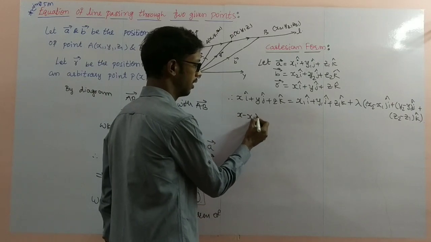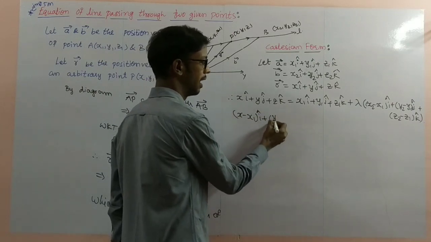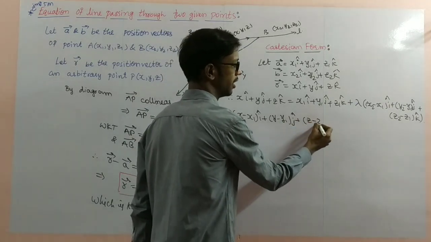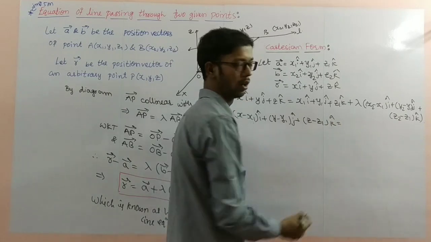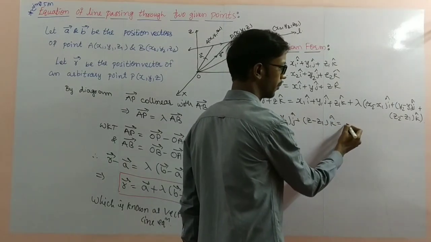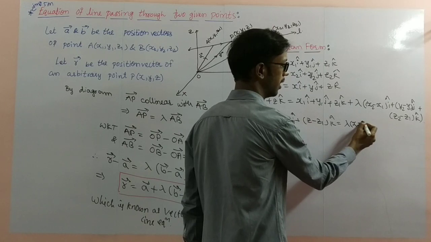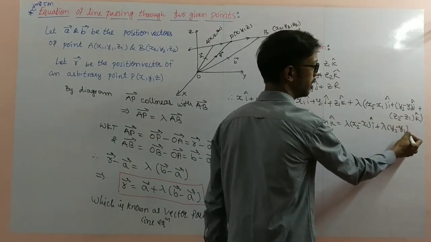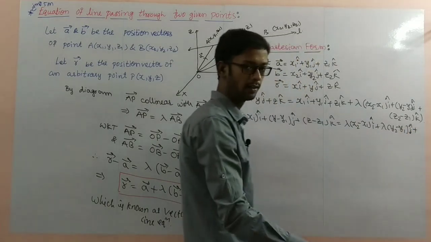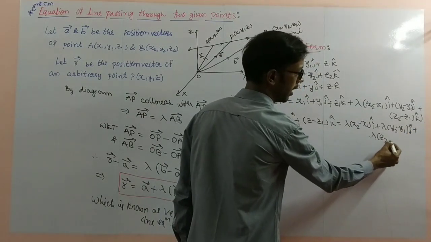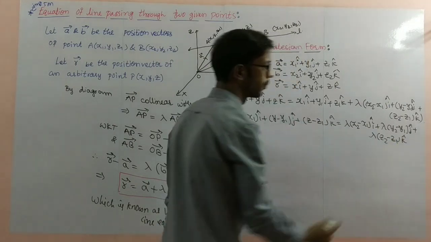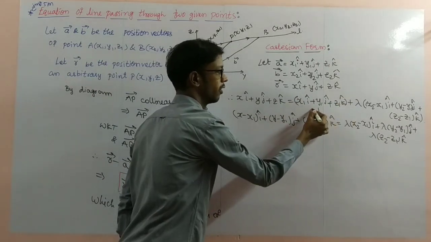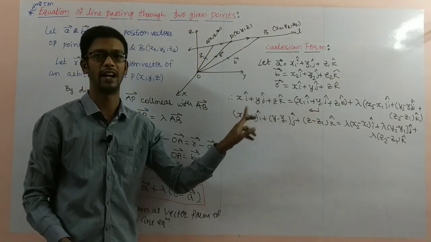X minus X1 i cap, Y minus Y1 j cap, Z minus Z1 k cap equal to lambda X2 minus X1 i cap, lambda Y2 minus Y1 j cap plus lambda Z2 minus Z1 k cap. Just multiply, and send this vector to the left side. It will become negative and I take it common.